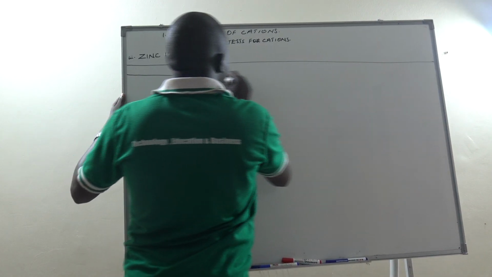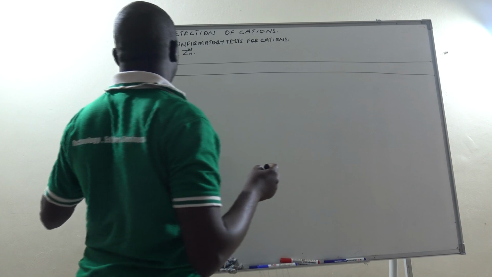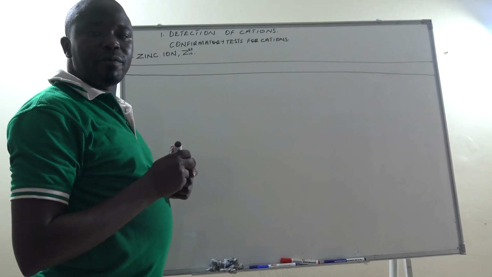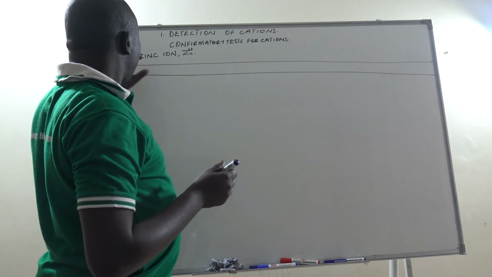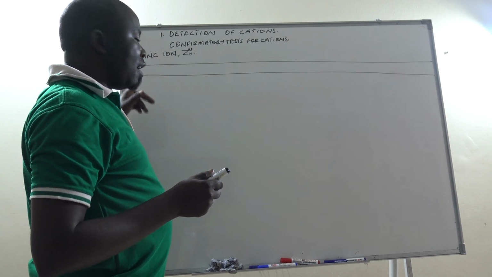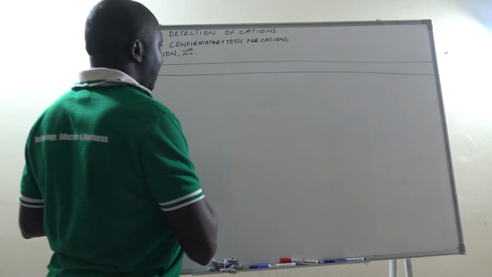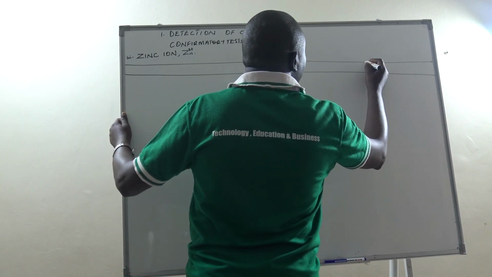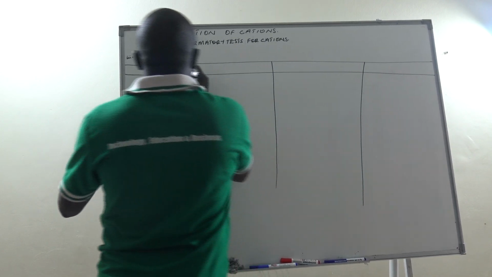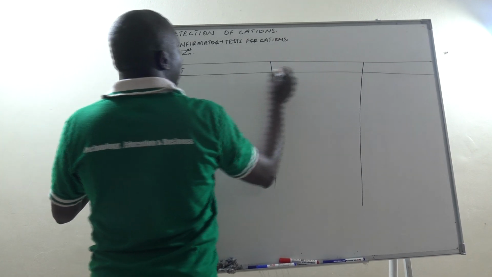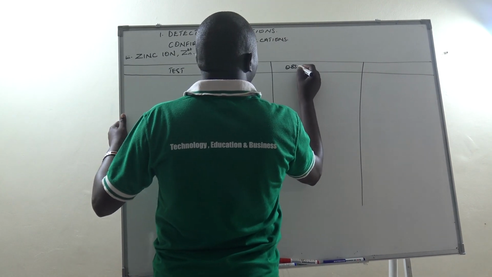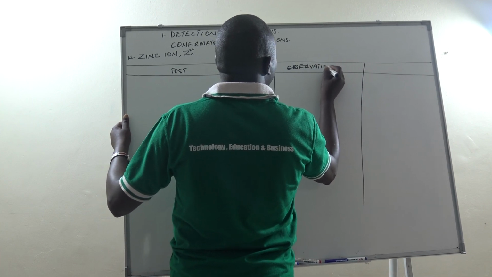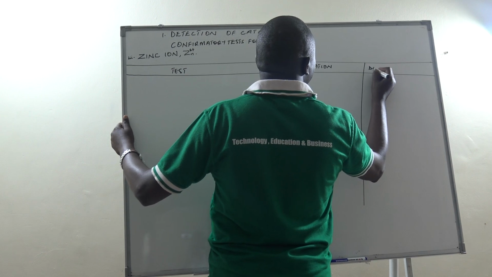And in this case, since we had already had a look at the equations for the reactions involved when we use the confirmatory reagent for confirming zinc ion earlier on, we are not going to write that equation again. So this is for our test. This column is for the observation, and this one is for our deduction.